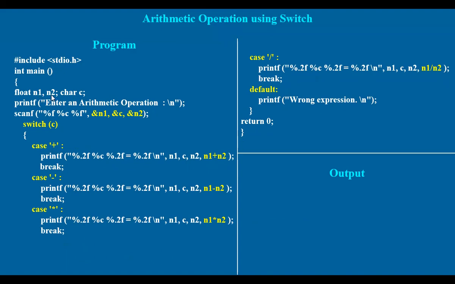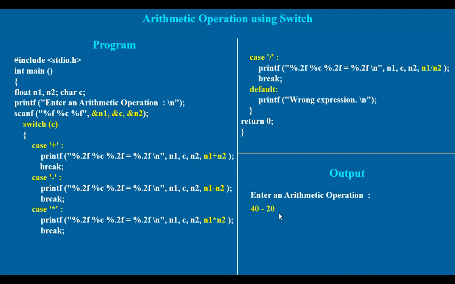I have removed result, and the expression is taken directly here, n1 plus n2. The result you will get here itself. We are not assigning this value to something else, so we are avoiding one variable, result. Now, the same thing is happening here: n1 minus n2, n1 into n2, multiplication and division. Okay, compile this and execute.